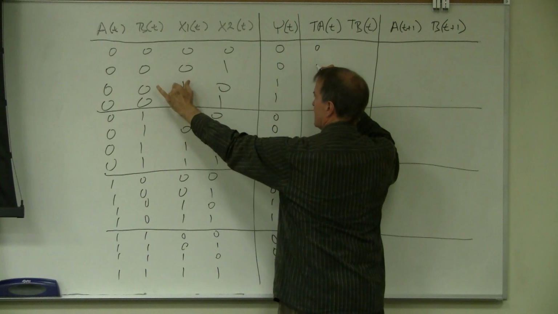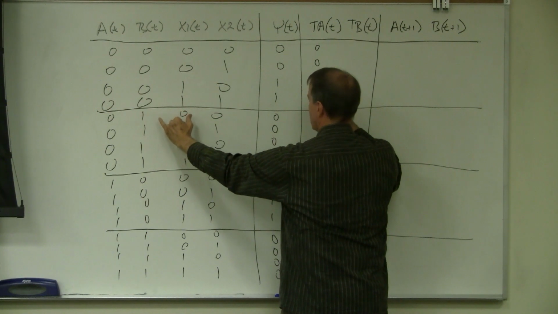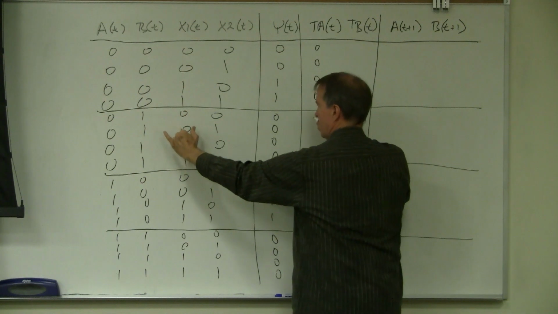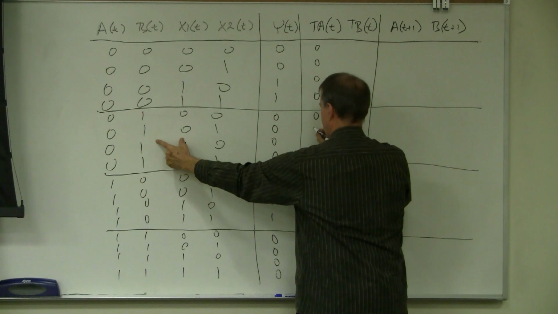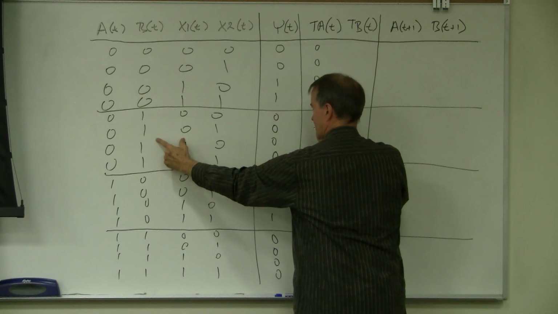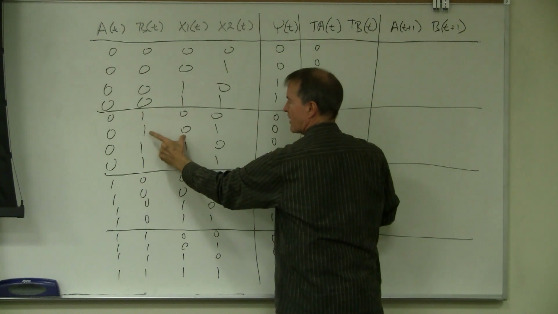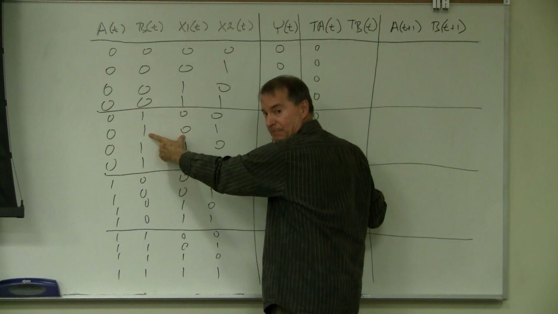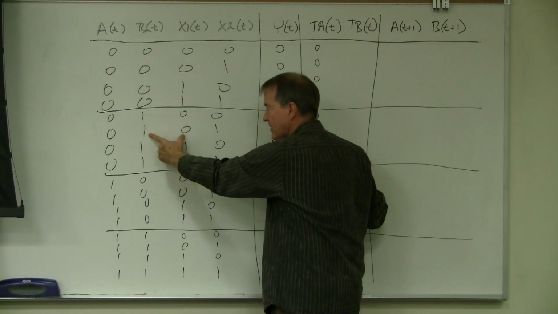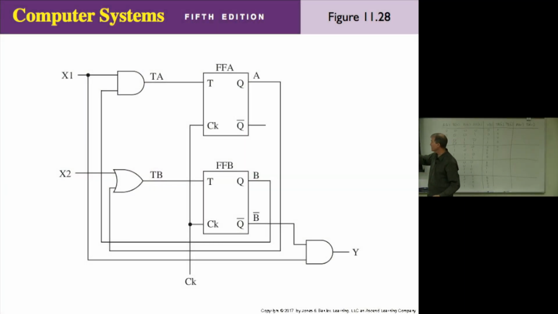Who's next? 0. 0. 0. Now, look, it's because it's 0 and 1. We're ANDing these. Are you with me on that? Is everybody good? We are calculating what TA is.